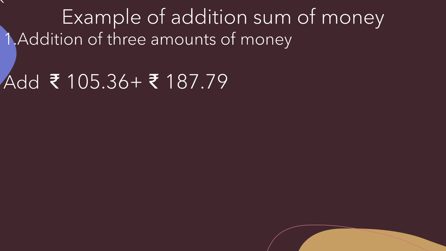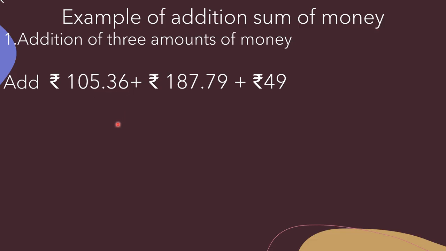Now beta, addition of three amounts of money. So here we have to add rupees 105.36 plus rupees 187.79 plus rupees 49. Okay, here the numbers given after the point, on the right hand side of the point, denote paise.